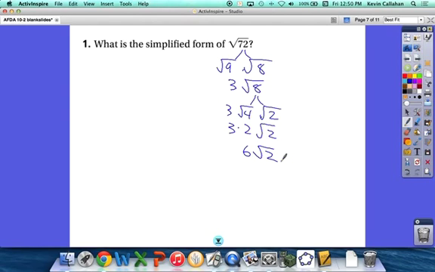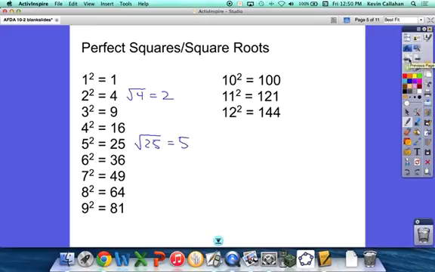Usually, if you're going to go in this list and look for a factor which is a perfect square, you need the greatest factor which is a perfect square. And 72 would fit right here in the list. So I would just start dividing. 72 by 64 doesn't go evenly. 72 by 49 doesn't go evenly. 72 by 36, that goes evenly.